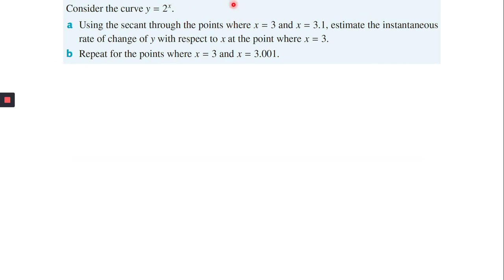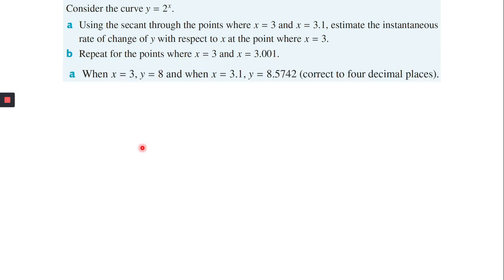Here's a really annoying example. So it's an exponential curve, and we're going to look at the secant, so the line that joins it at 3 and 3.1, so really close together. And here they're even much closer together, so 3 and 3.001. If you were to draw them on a graph, you'd hardly notice the difference between the 2 points. So when x is 3, y is 8, because we've got 2 to the power of 3 is 8. When x is 3.1, y is 5.5742.